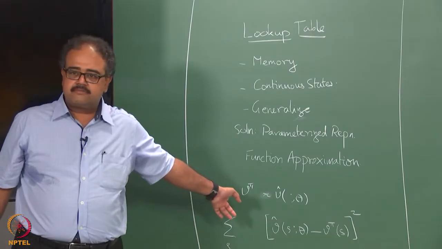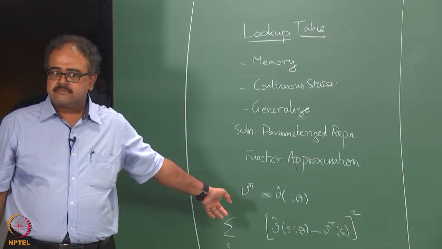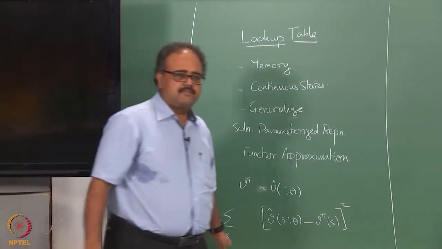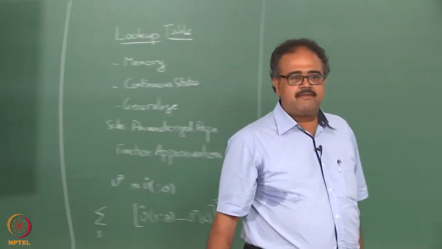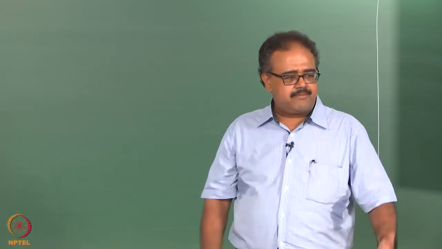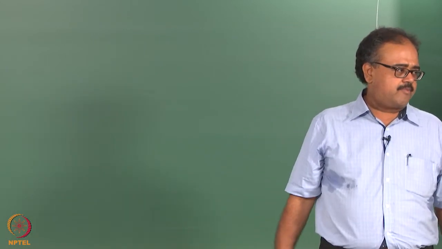Is this fine? Yeah, so I left a significant gap here, so that should mean something other than 1 by n within the summation. Is 1 by n fine? So what is the problem with 1 by n? We said mean squared, so you have to take the mean of the square of the errors obviously.